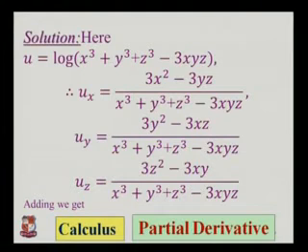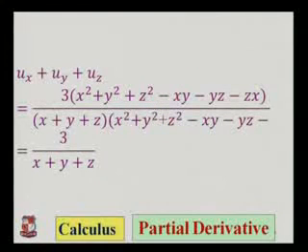So taking the addition of the numerators, 3 is common: x square plus y square plus z square, minus xy minus yz minus xz. And the factor of the denominator, we know the factor of x cube plus y cube plus z cube minus 3xyz, is x plus y plus z into x square plus y square plus z square minus xy minus yz minus zx.